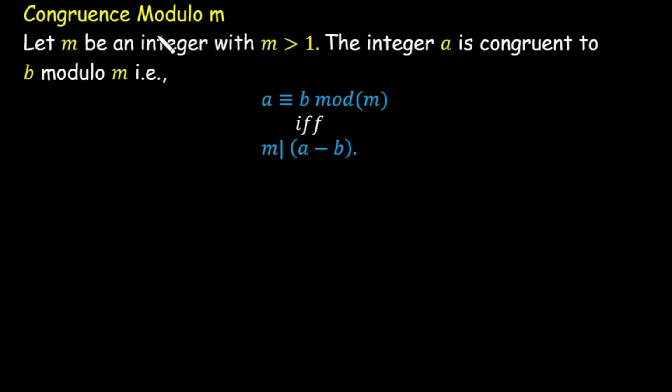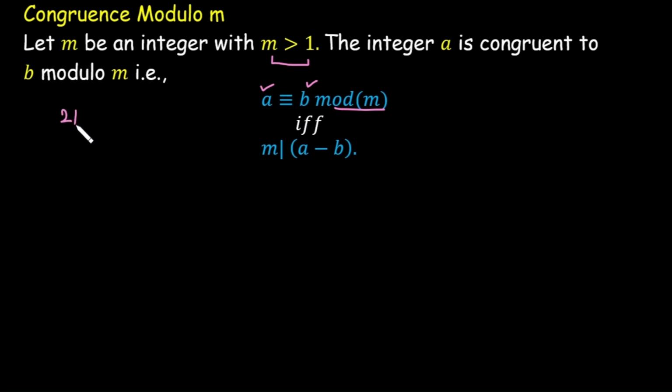In this case, we need to know one more term, that is congruence modulo M, because it is quite related with the equivalence relation. Congruence modulo M means, suppose we have any integer M where M is greater than 1, the integers A and B are called congruent with respect to mod M if M divides the difference of these two. Let's understand with the help of an example.